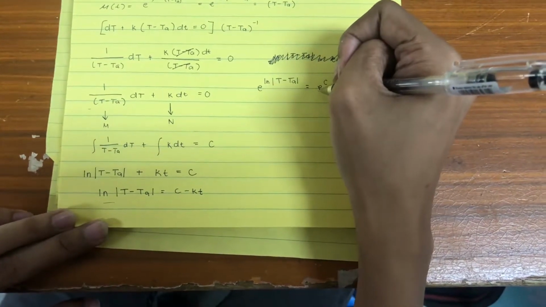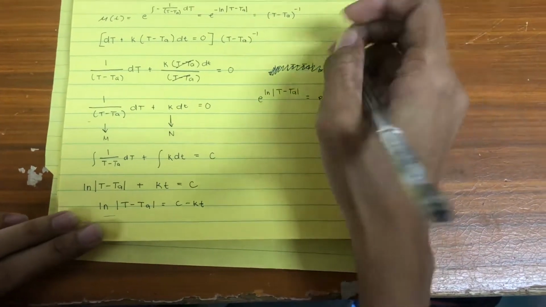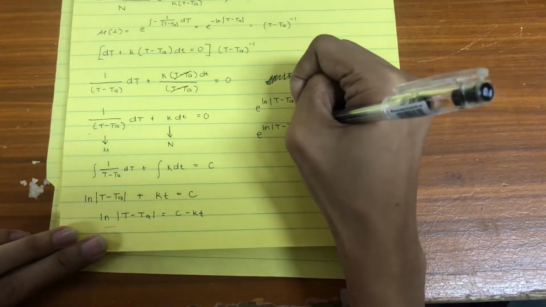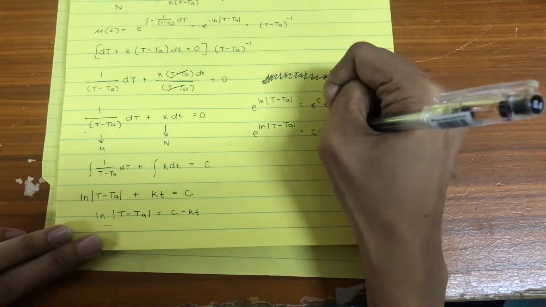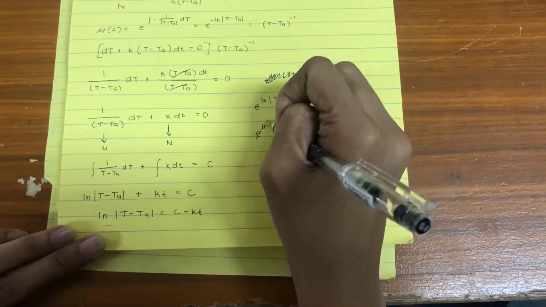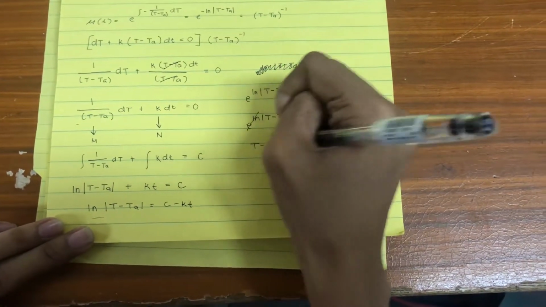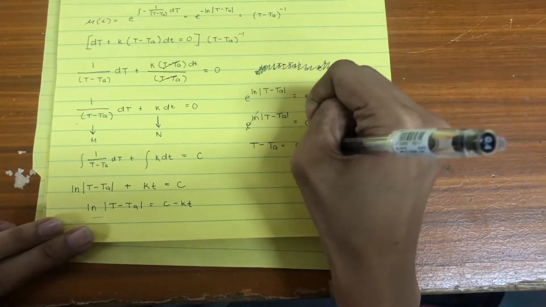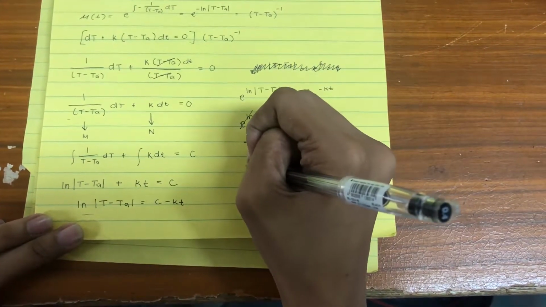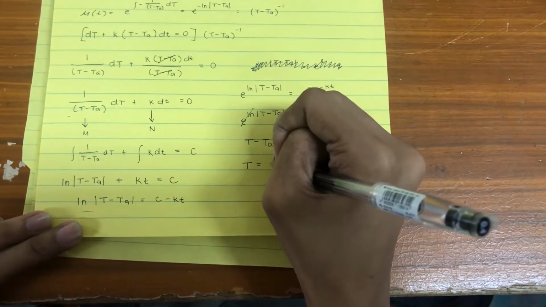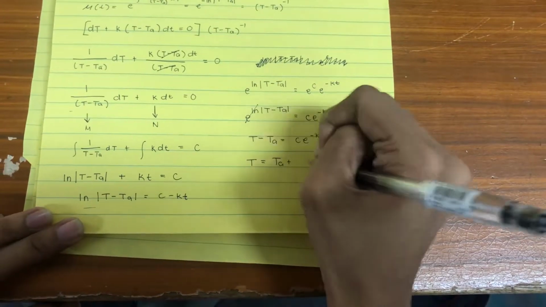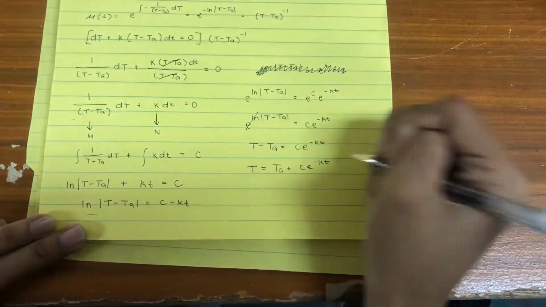We know that e raised to C is still a constant, so we can rewrite it as C e raised to negative kt, and the exponential and logarithm cancel out, which means T minus TA is equal to C e raised to negative kt. We transpose the ambient temperature to the right side, leaving us with T is equal to TA plus C e raised to negative kt.